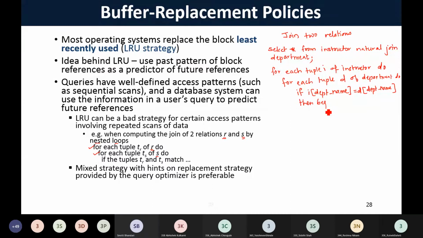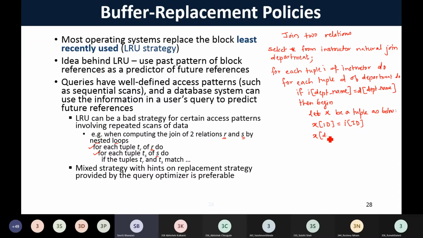we are writing some pseudocode here. Let X be a tuple as below. X.ID is assigned I.ID. So the instructor ID we are assigning, we are finding a natural join.